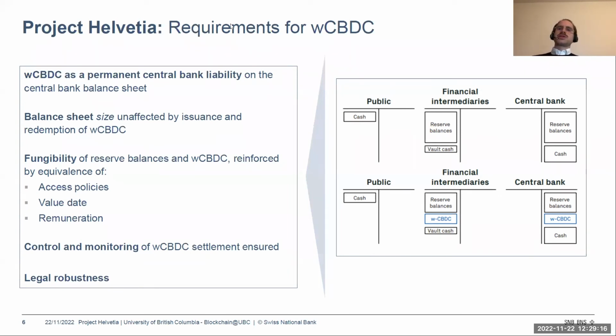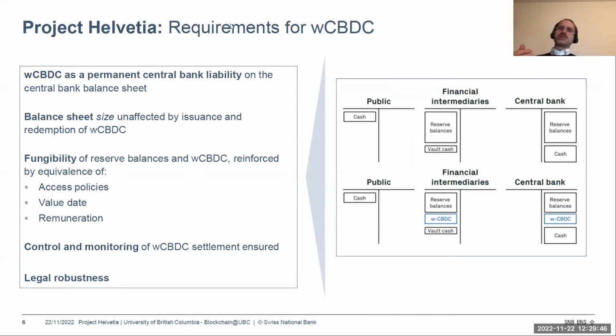First of all, it was clear that wholesale CBDC should be as similar to the money in the system now, and as such, it would need to be a permanent central bank liability. That is a token that is not just on ledger intraday, but it remains overnight on the balance sheet of the central bank.